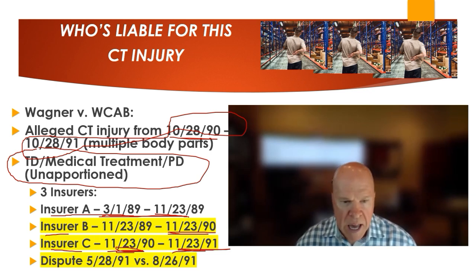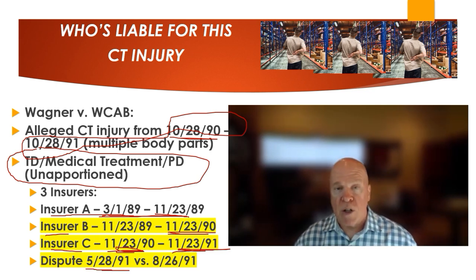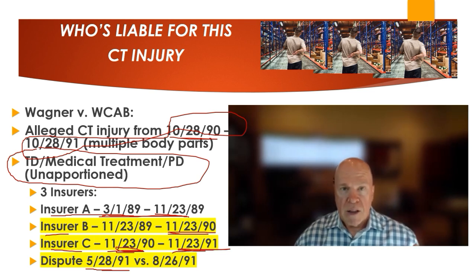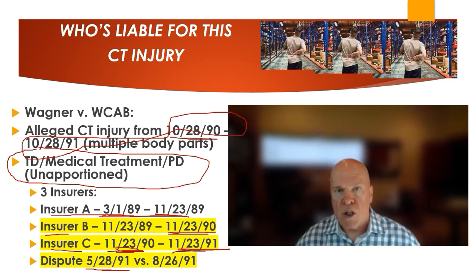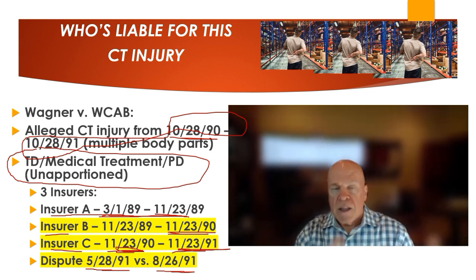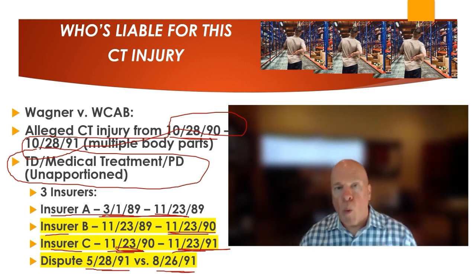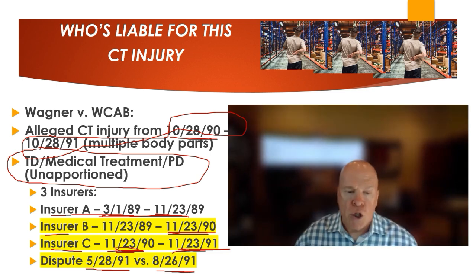Well, as we're going to see in the case, the dispute arose as to whether the date of injury under Labor Code Section 5412, remember, which is the occurrence of two things, disability and the knowledge that the disability was due to the present or prior employment, whether that date of injury was 5/28/91 versus 8/26/91, thereby shifting the various percentage of the liability period to one or the other of the insurers.